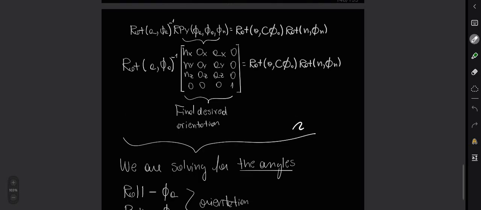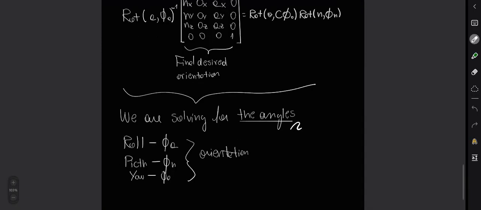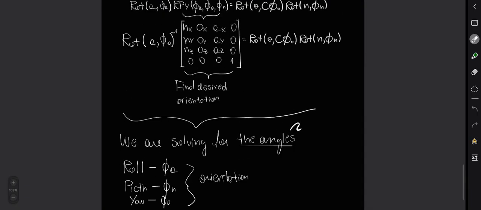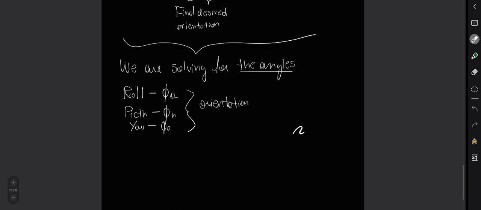Then we obtain a simpler equation, and we solve for the angles phi A, phi O, and phi N, which are respectively the angles of roll, pitch, and yaw. And perfect, these angles give us the orientation of the robot, of the joints, of the links.